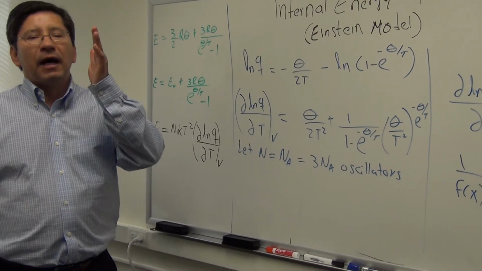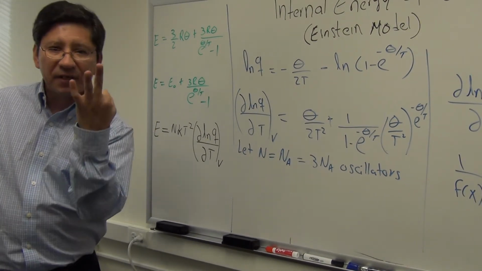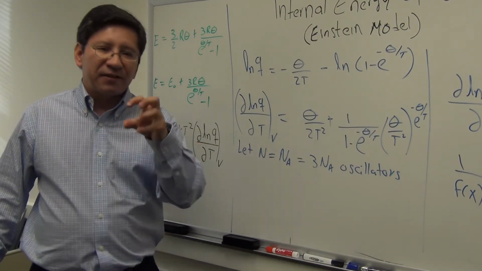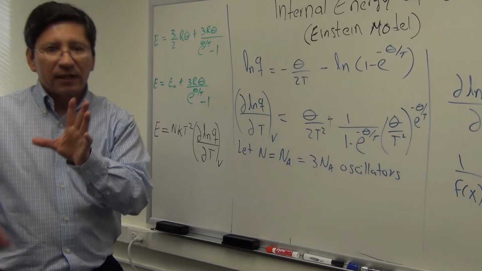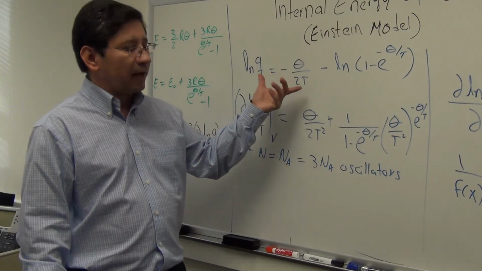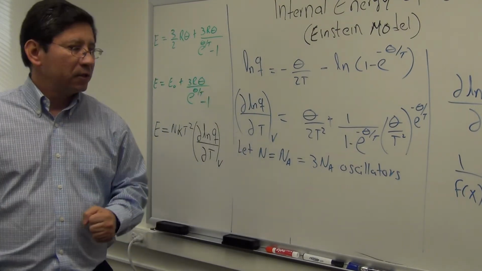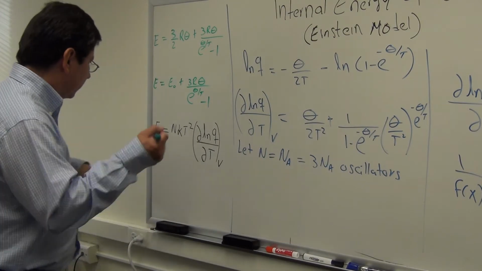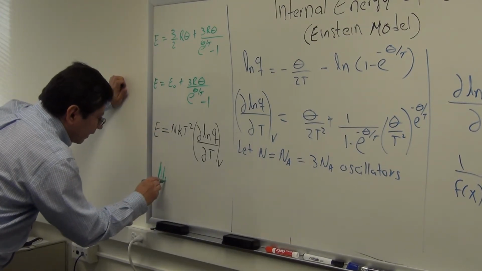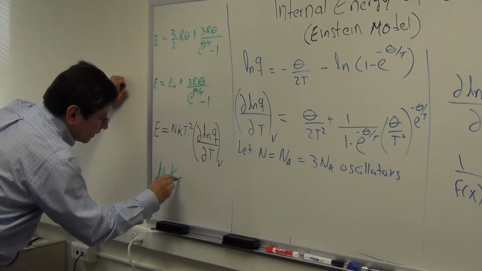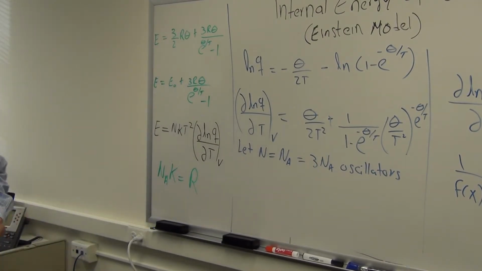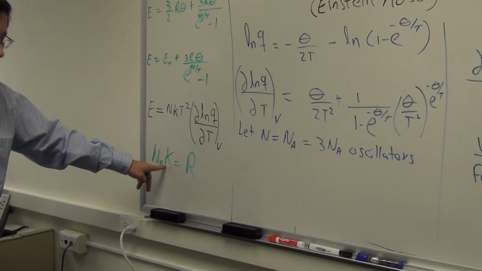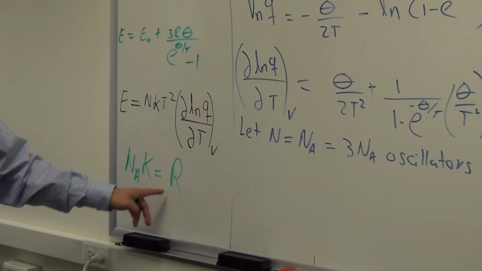Each atom is understood as the equivalent of 3 oscillators, so instead of saying n, you should say 3n, because per particle there are 3 oscillators. And this is, after all, a description of oscillators. If we use an Avogadro number of particles, then note that Na times k is equal to R, the gas constant. That's from previous background. Avogadro's number of particles times the Boltzmann constant equals R.